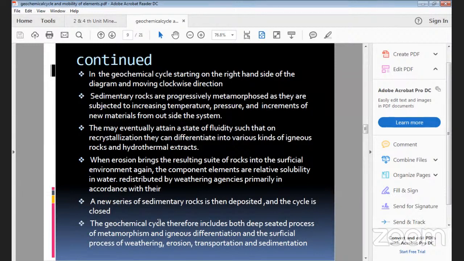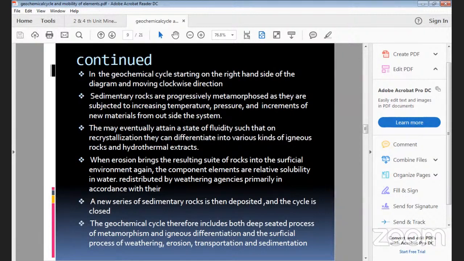Yes, the sedimentary rocks are progressively metamorphosed as they are subjected to increasing temperature, pressure, and increment of new materials from outside the system.